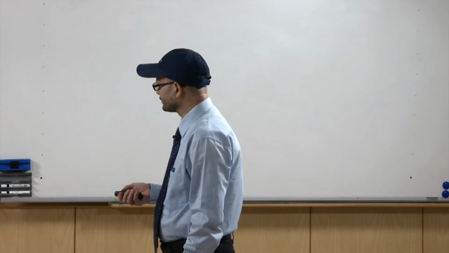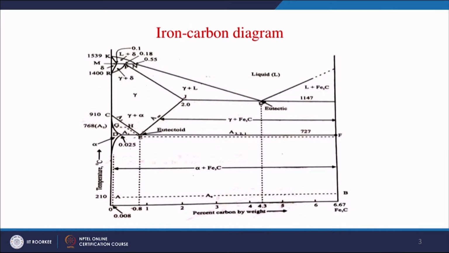Normally, when you are talking about plain carbon steels, the reaction which is primarily taking place is controlled by the reaction at this point, the eutectoid point. At the eutectoid point you have austenite in this zone, and this austenite will decompose to ferrite plus cementite. That is your eutectoid reaction.